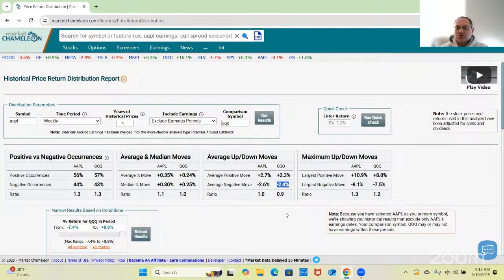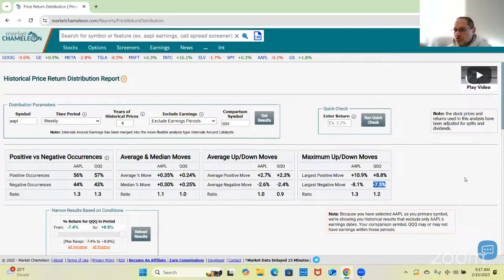What about those extreme moves? So Apple, the extreme move up was 10.9% versus QQQ 8.8. Extreme move to the downside, Apple negative 8.8 versus QQQ 7.5%. So if we're comparing just the options there, we would think that the premiums in Apple options would be slightly larger than the QQQ, right?